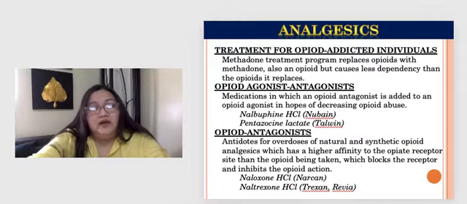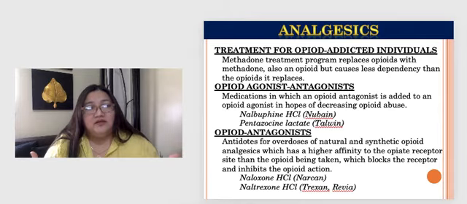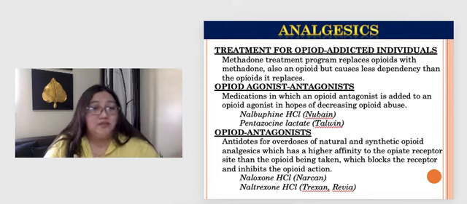Now, because opioid analgesics are addicting, may mga patients na addict dyan, no? Of course, and maybe these patients, lalo na kung ako ay may chronic cancer, for example, and I'm taking morphine, I need to take morphine, otherwise I would feel the severe pain and would affect my living.